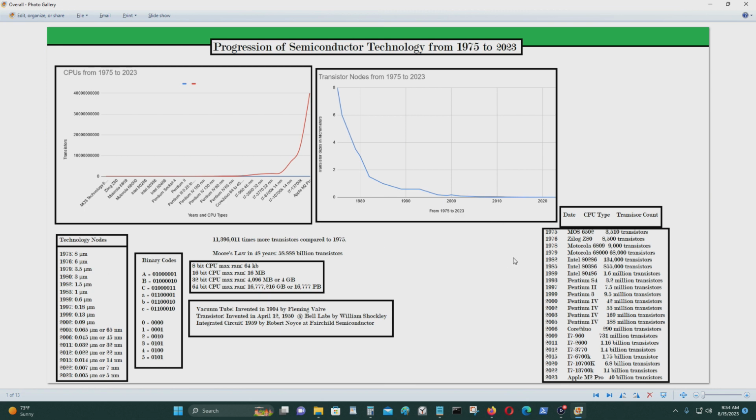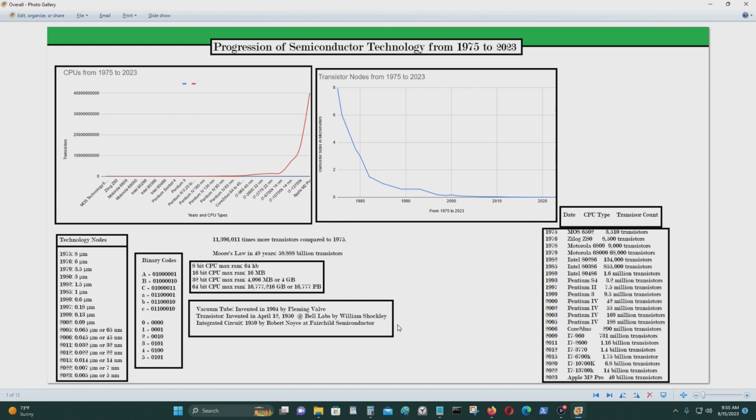So from 1975 to 2023, according to Moore's law, the amount of transistors that we should have in a processor is 58.9 billion transistors, or about 11,396,011 times more transistors compared to 1975.